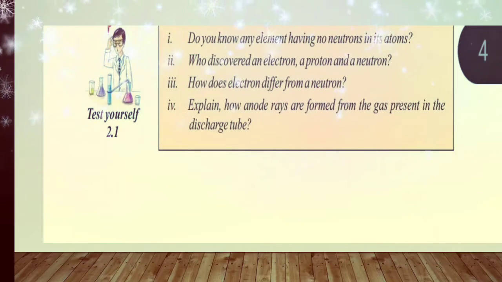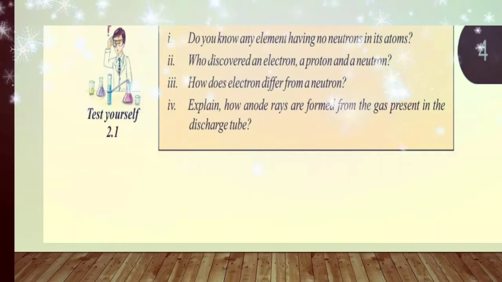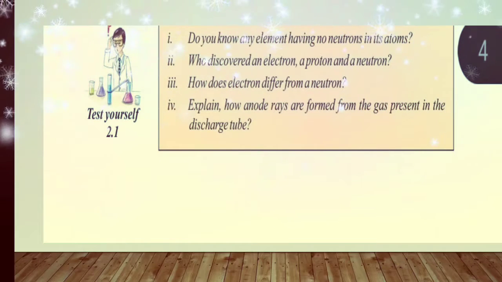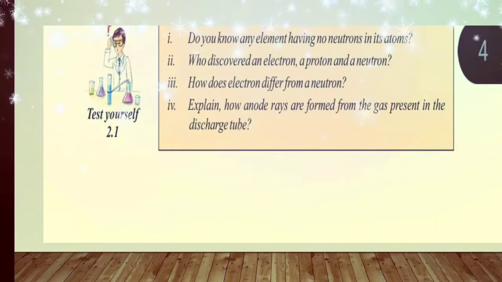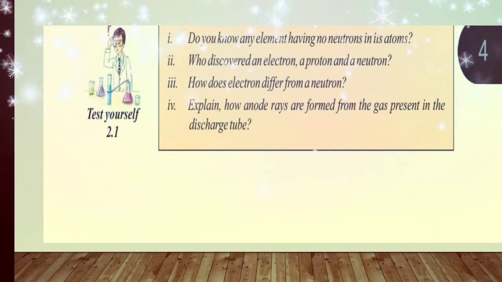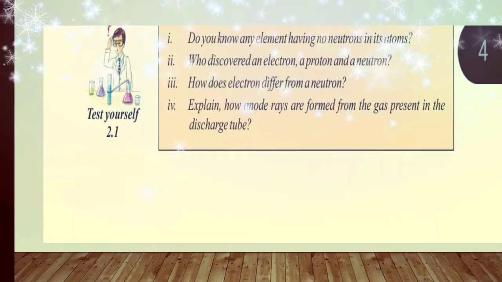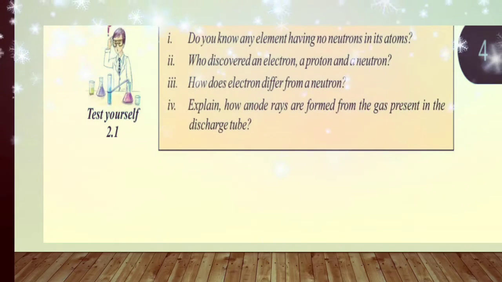Now you test yourself. 2.1. Do you know any element having no neutrons in its atom? The element is hydrogen, because it has 1 proton and 1 electron. Who discovered the electron, proton and neutron?